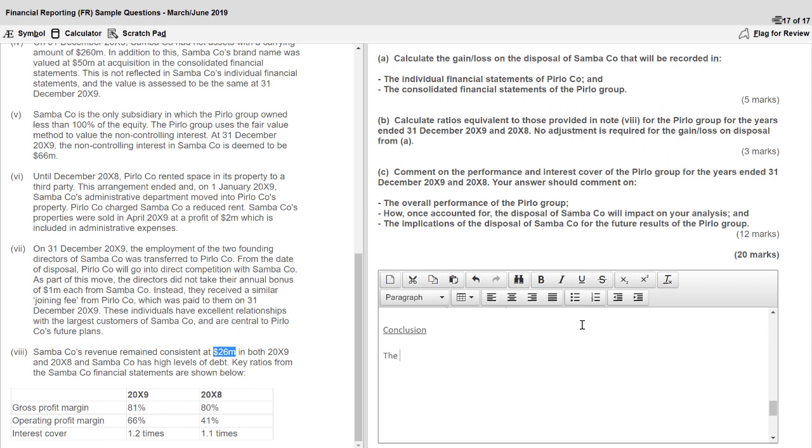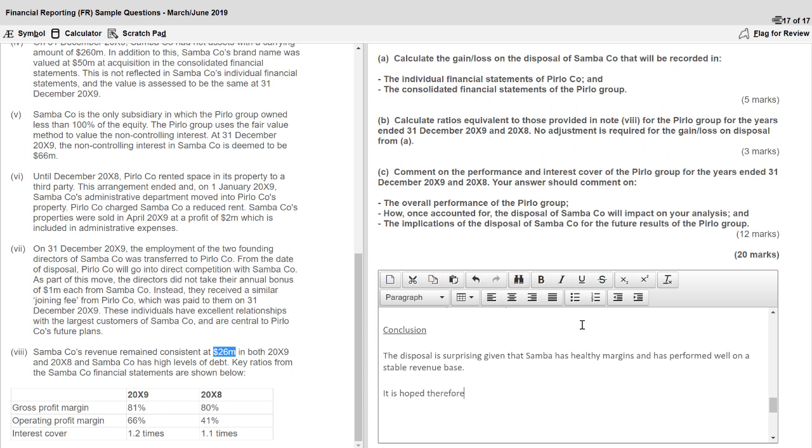So what I'd finish with is that the disposal is surprising, given that Samba has healthy margins and has performed well on a stable revenue base. The only thing that you could think might work in Pirlo's favour is that the directors have moved from Samba to Pirlo.